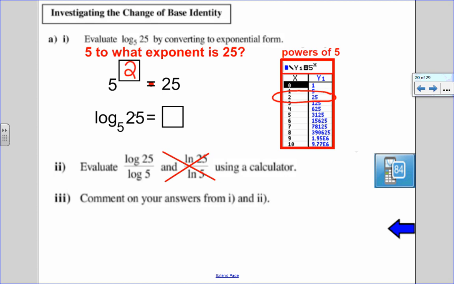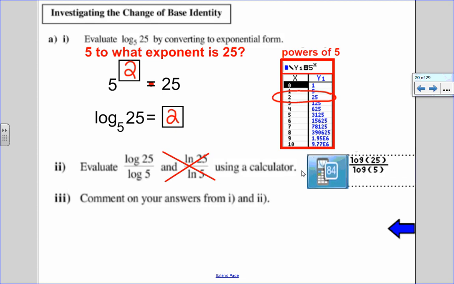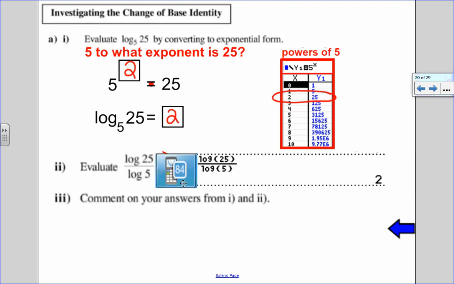So log base 5 of 25 is 2. Now I want you to put into your calculator log of 25 divided by log of 5. Look what I get. I also get 2.